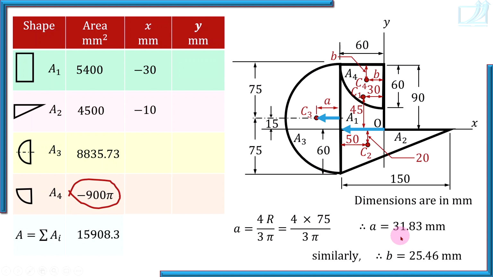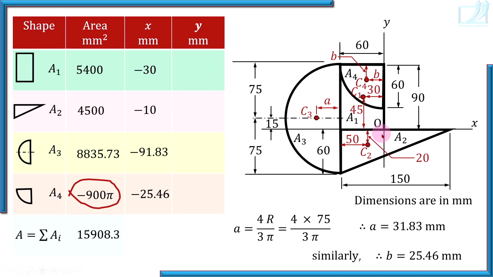So 60 plus 31.83, 91.83, and it is on the left side of the y-axis, so negative x coordinate. And C4, horizontal distance from y-axis. So check where the y-axis is. It is minus B, that is minus 25.46. So we have inserted all x coordinates.